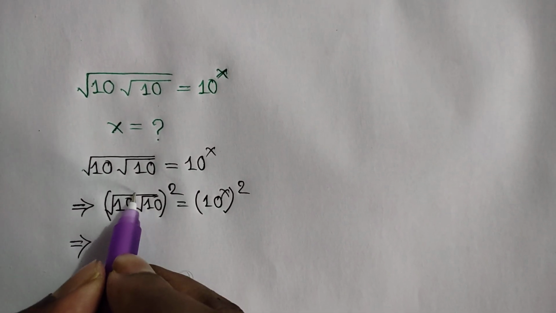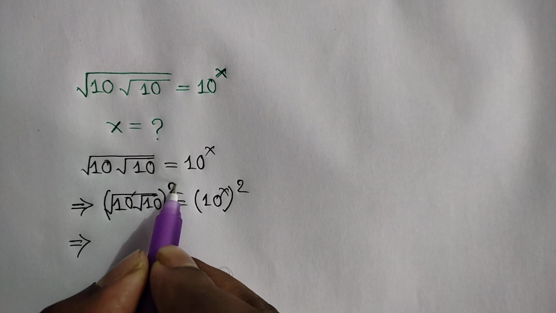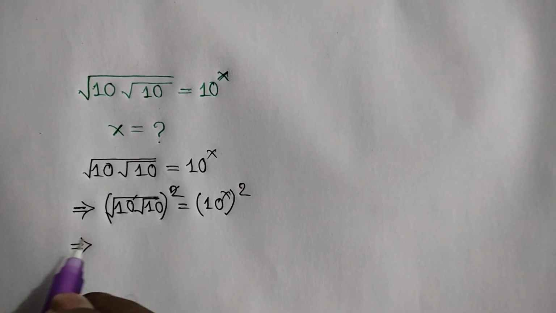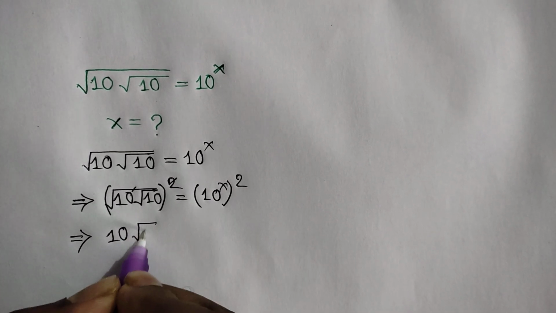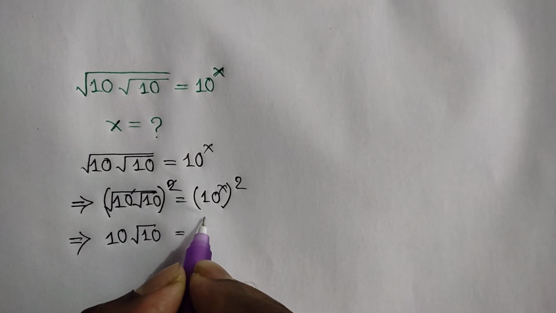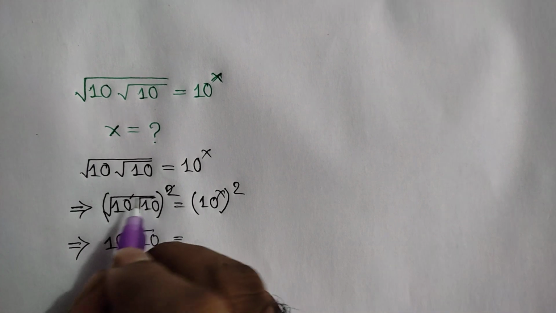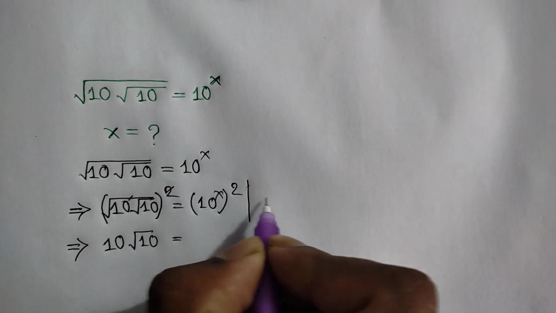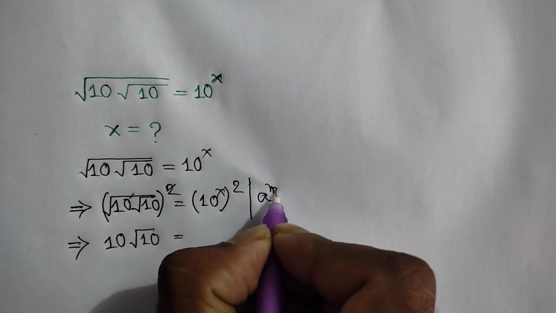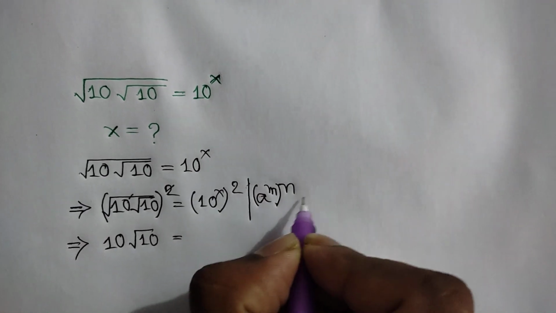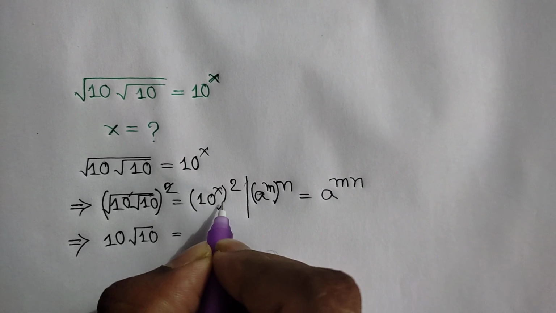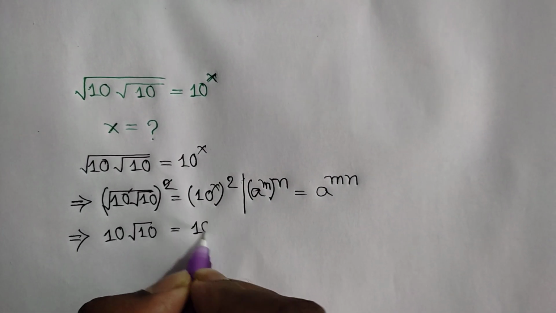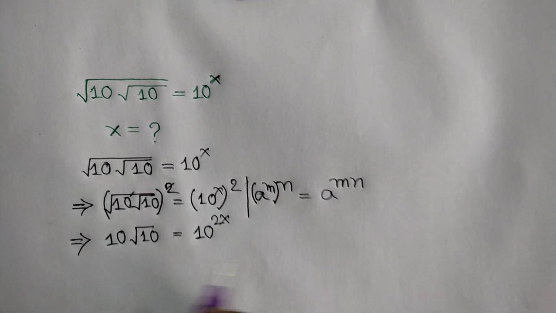The square root cancels out this square, so it will be remaining 10 times square root of 10 is equal to, here we can apply this exponents rule, a to the power m whole power n is equal to a to the power mn. Apply this rule, here we can write 10 to the power 2x.